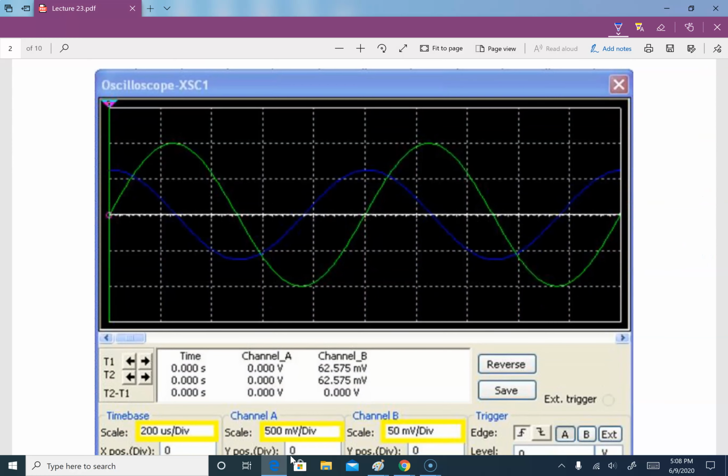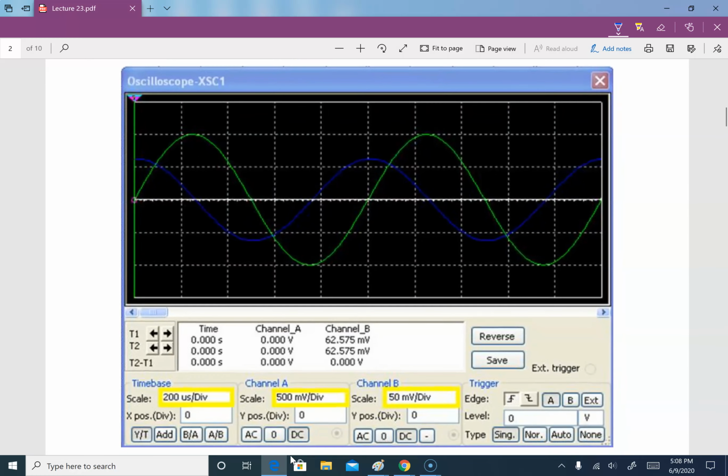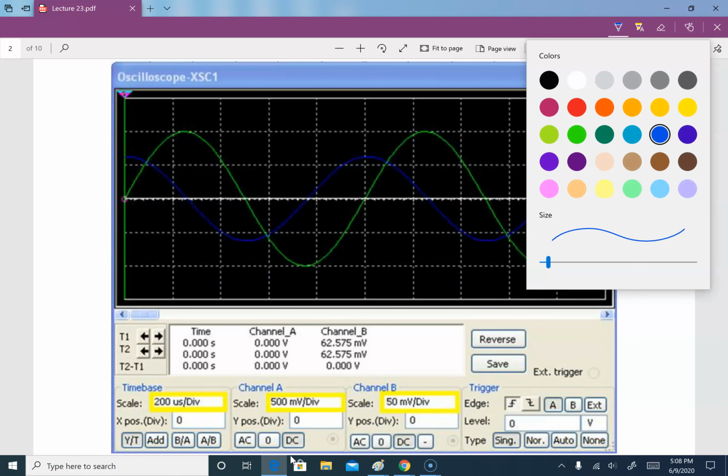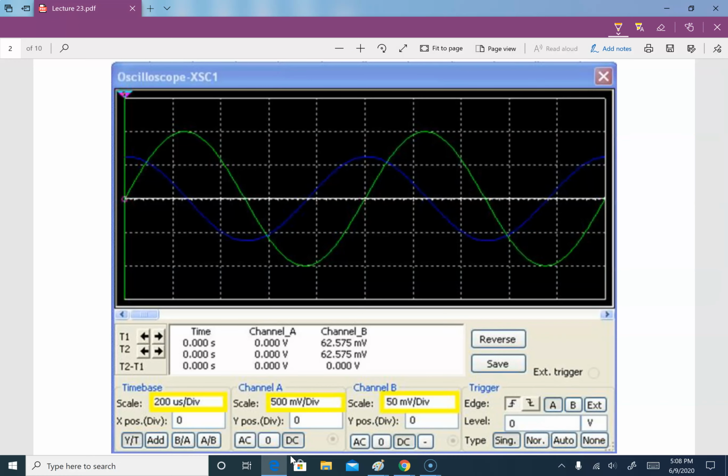This over here is an oscilloscope screen. If you look at the screen, we do have what we call divisions. This here is one division. If it is at the x-axis, that is time division.